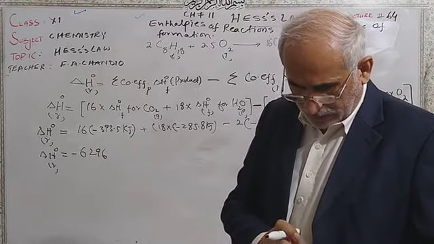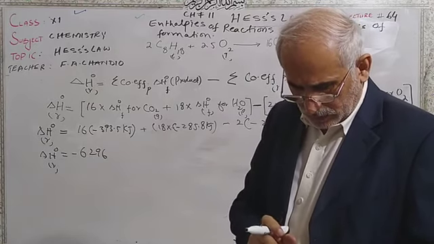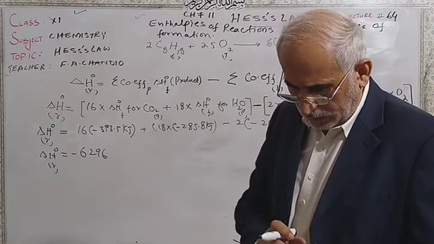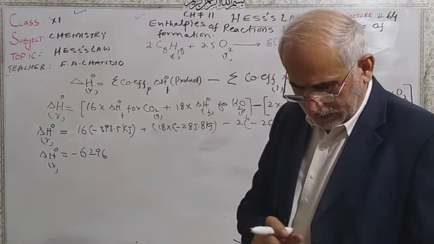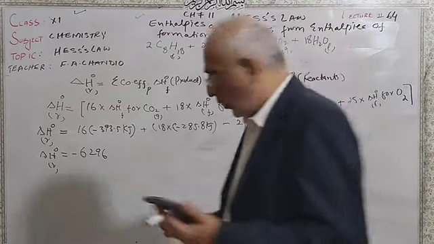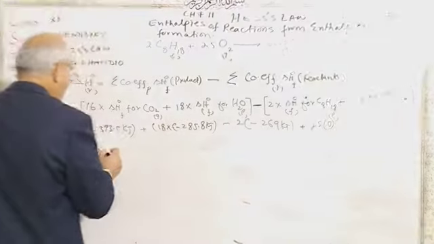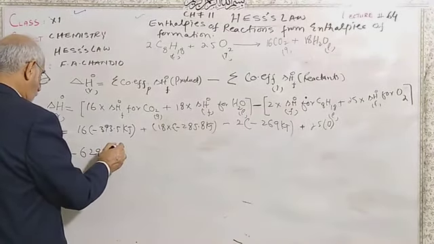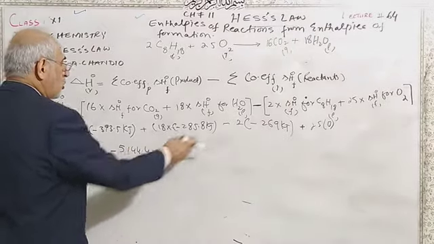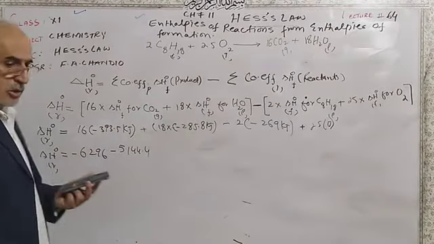Then for water, 18 multiplied by 285.8, the answer is 5,144.4, sign is minus. This side we complete.